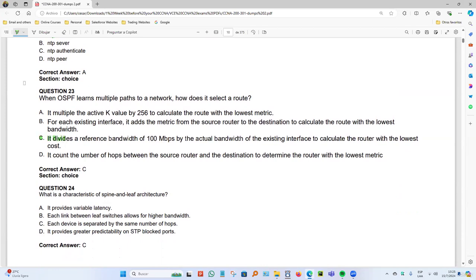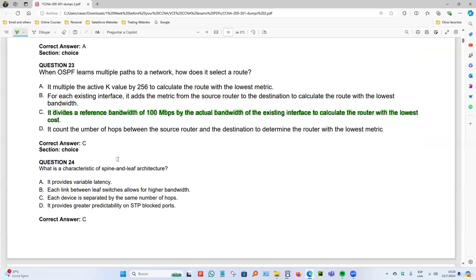The way OSPF works, and we are going to see that in a few seconds, is that it uses cost as a metric. But let's analyze this answer as fully as we can. So it divides the reference bandwidth of 100 Mbps by the actual bandwidth of the interface to calculate the route with the lowest cost. That's the way OSPF works.